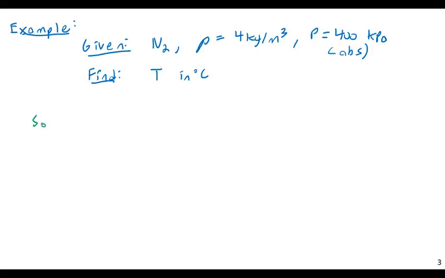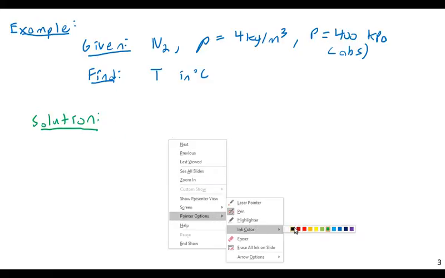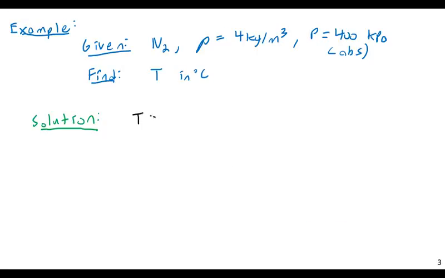So, solution. I try to do all of my example problems in this sort of given, find, solution format. Let's start with the ideal gas law. Rho equals P over RT, like I said before. We are told that P equals 400 times 10 to the third pascals.